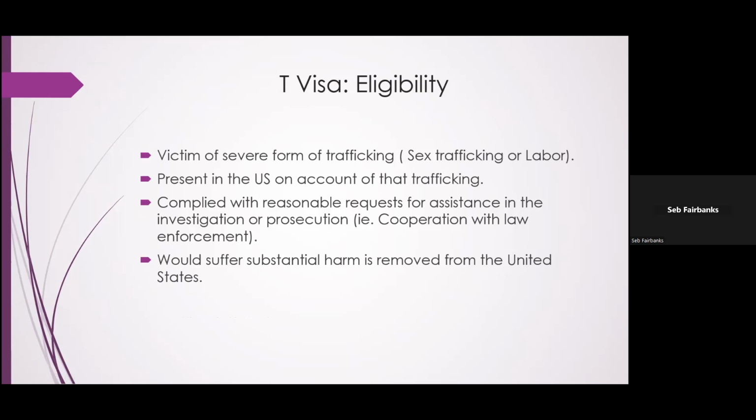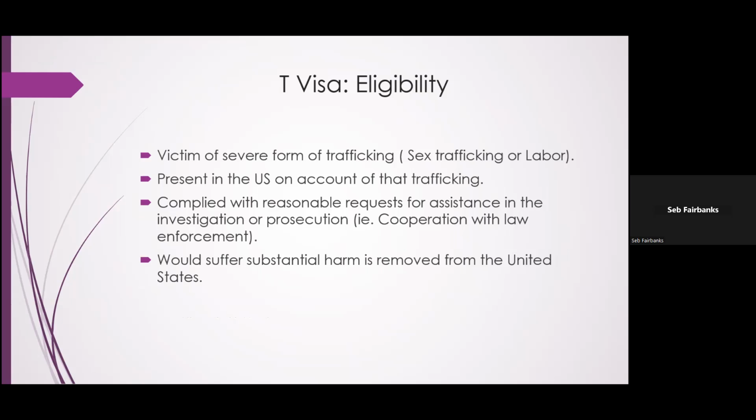So the U visa is one option that folks have if they are survivors of those certain kinds of crime and have helped law enforcement. Another potential option is a T visa, and the T here stands for trafficking. On this slide, we're going to discuss what makes you eligible for a T visa.